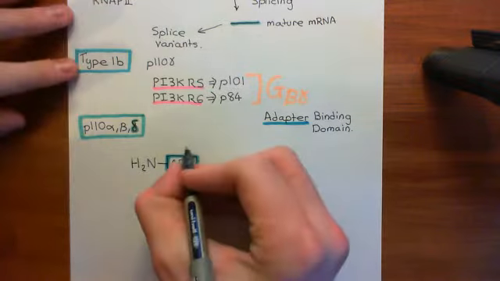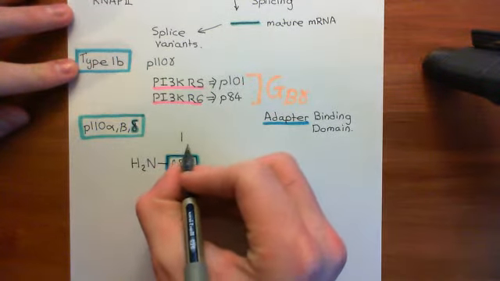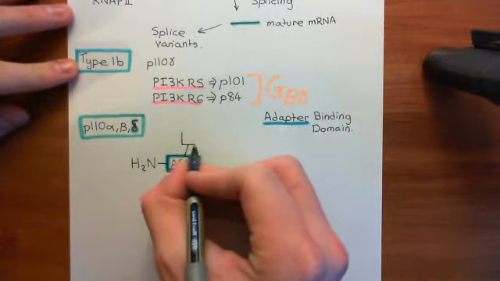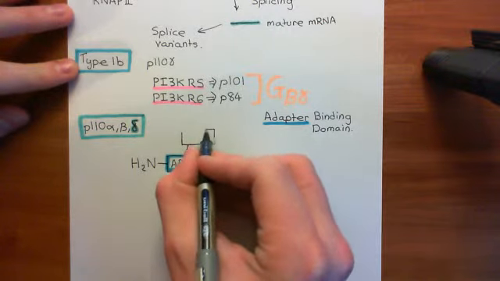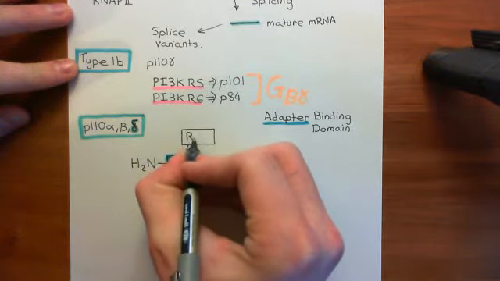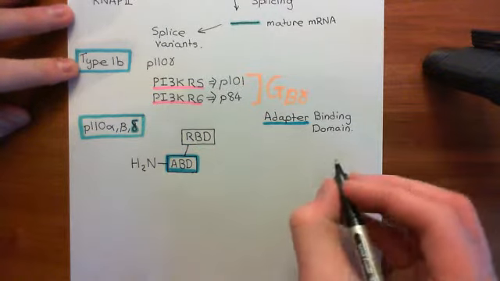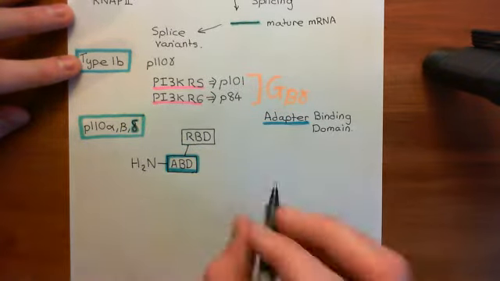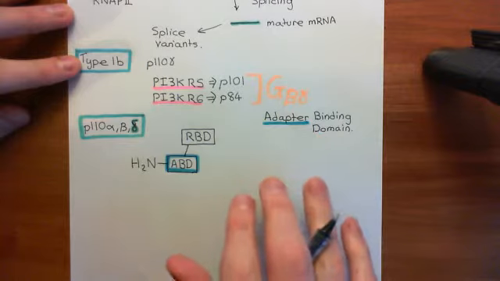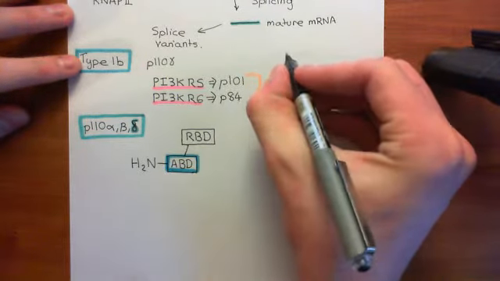After that, the next important domain, once again with a polypeptide linker linking these two domains, is a portion known as the RAS binding domain, or the RBD. I'm conscious that I don't want to invade my space here too much because I'm going to need that later, so I'm going to put this name up here.